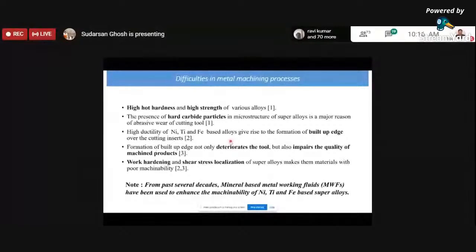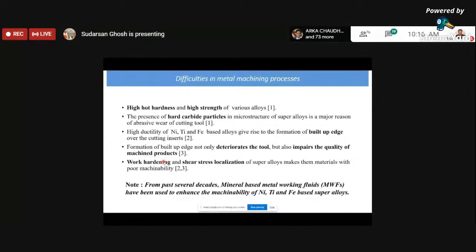Once the geometry is lost, the efficiency of the cutting tool in removing material also degrades. So this again is an issue in metal machining processes. The built-up edge not only deteriorates the tool, but it also sometimes impairs the quality of the machined products. The surface finish of the machined products also gets hampered.